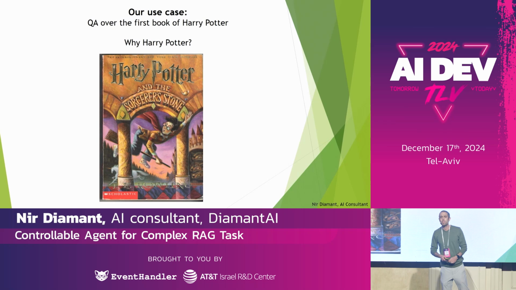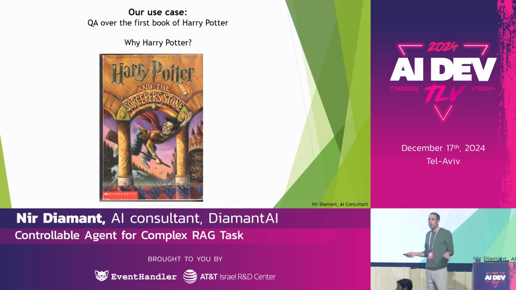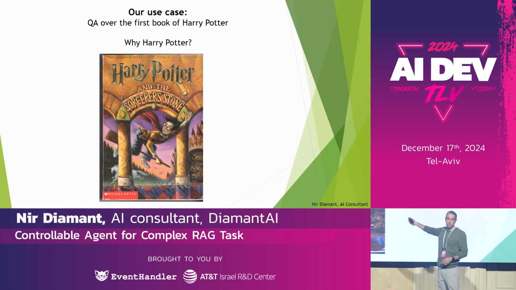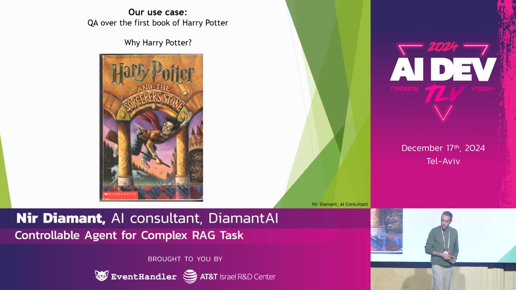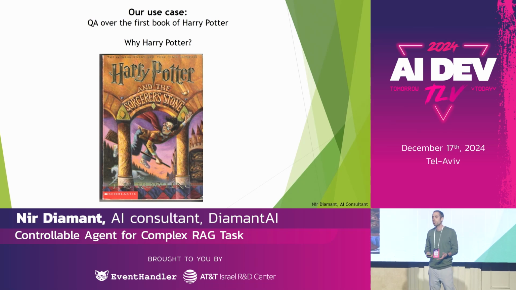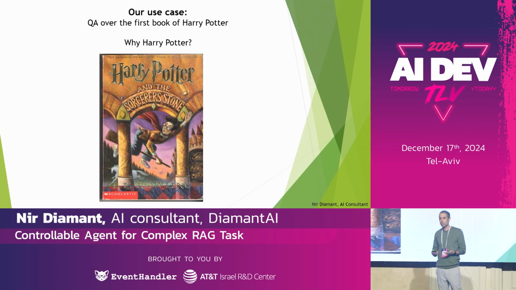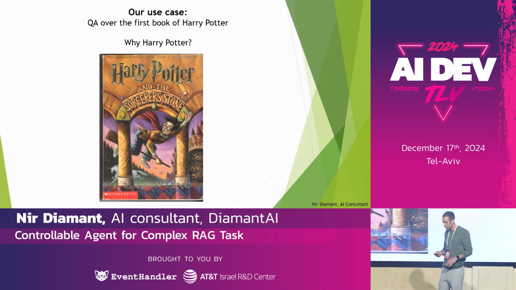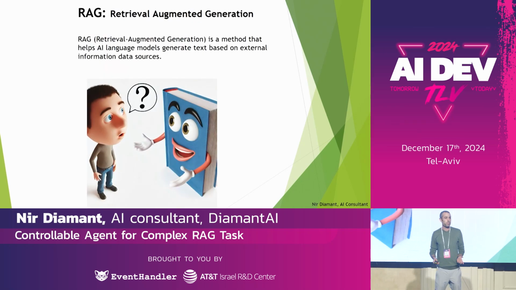Usually I like to ask people why I should choose this Harry Potter book as the use case, but because we're a big audience, I'm going to tell you that Harry Potter is a book that contains a complicated plot, and the questions you can ask about it can be complex as well and non-trivial for RAG.